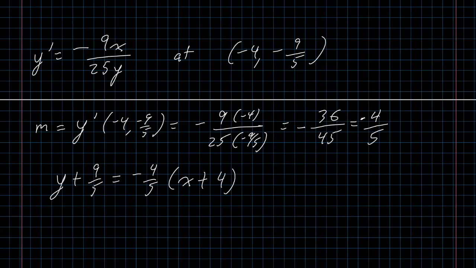And rearranging that just a little bit, y equals -4/5 x. That is not correct. It is not +1. Y equals -4/5 x. We'll have -16 minus another 9 is -25/5, which is just -5.